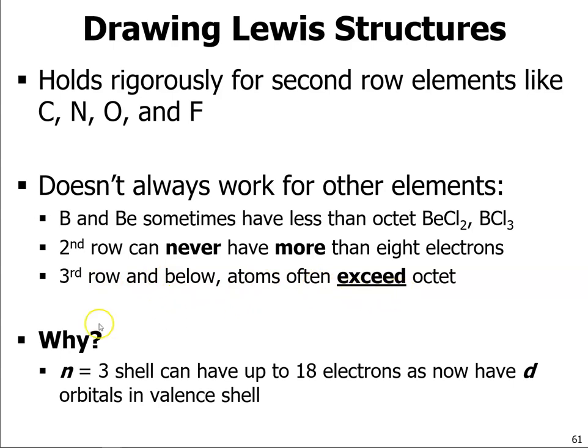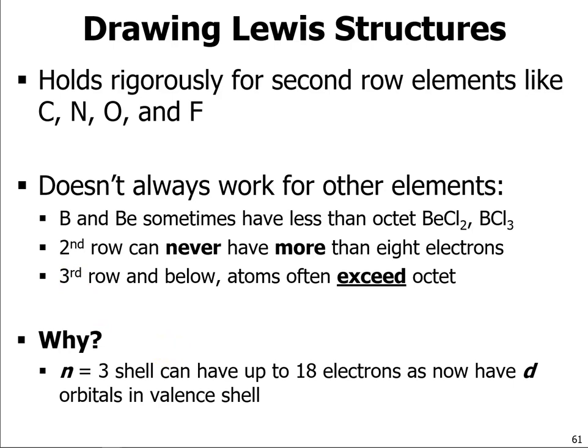And the reason for being able to do that in the third row, remember, in the first row we only have s orbitals. In the second row, we have s and p. In the third row, we have s and p, and then we've added the d orbitals. And the d orbitals can play tricks on where electrons can go.